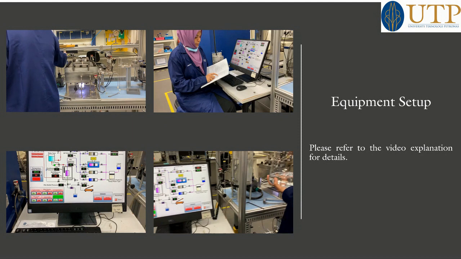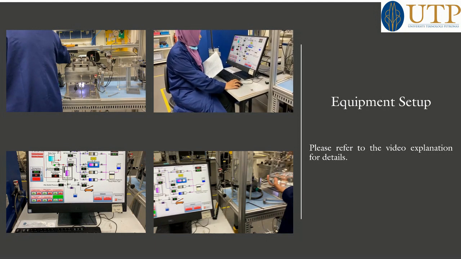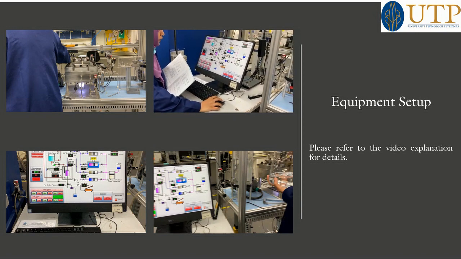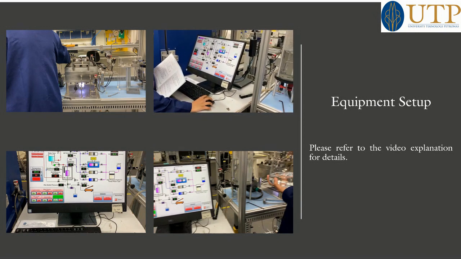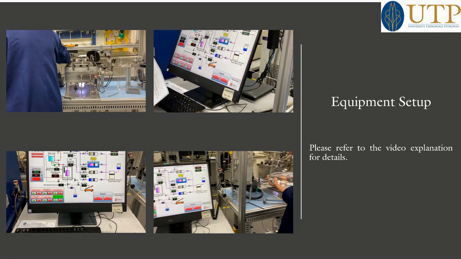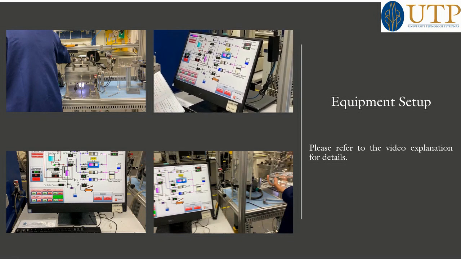Okay, so the buttons: the first one is the system button, second is the motor reverse button, third is the high speed button, fourth is the gas booster button, fifth is the heater button, and the sixth is the water pump button. So they say to turn on the water pump button. So I'm just turning on the water pump button.